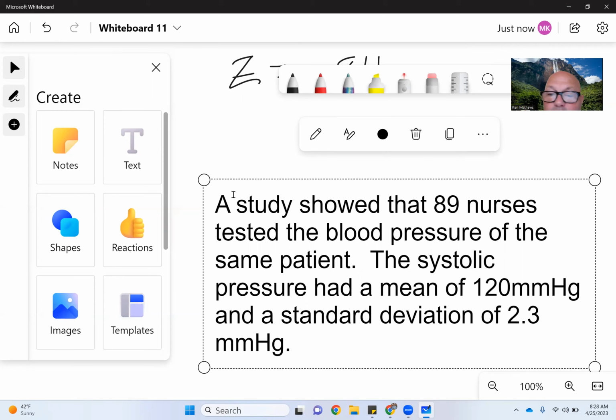All right, now we don't want to have a big standard deviation. The bigger the standard deviation, the less accurate these nurses are at measuring blood pressure.